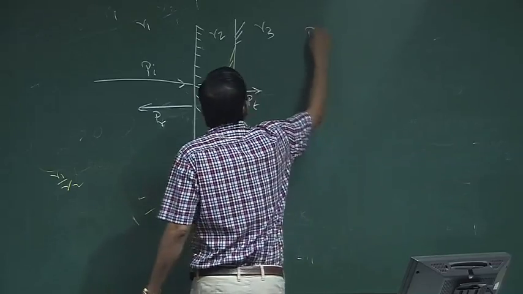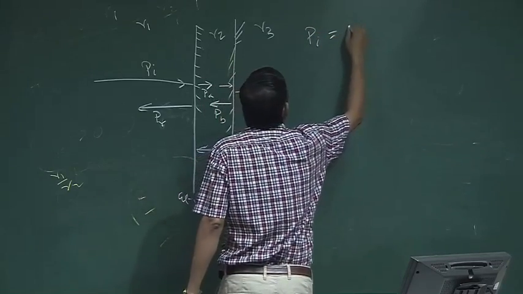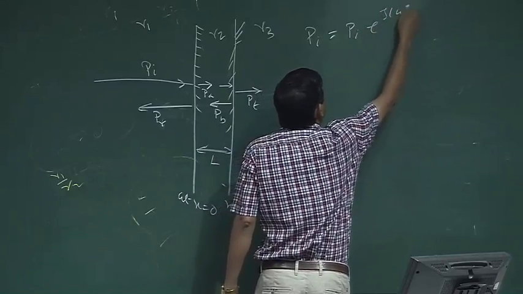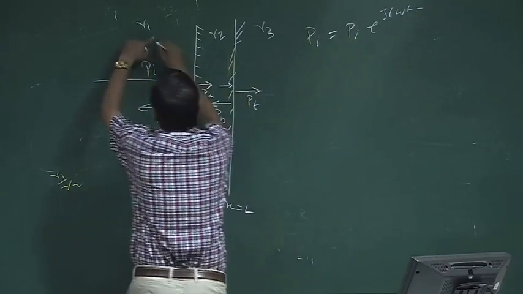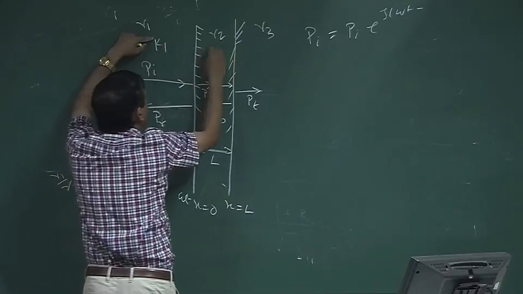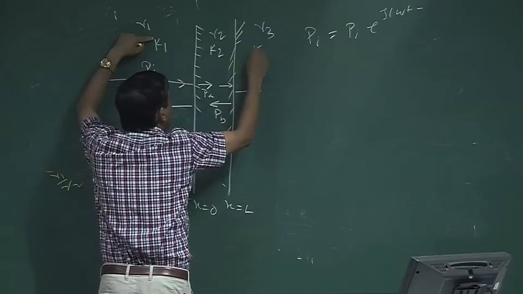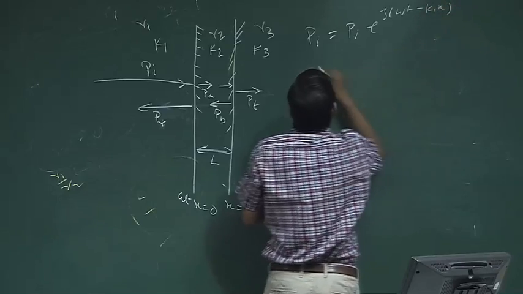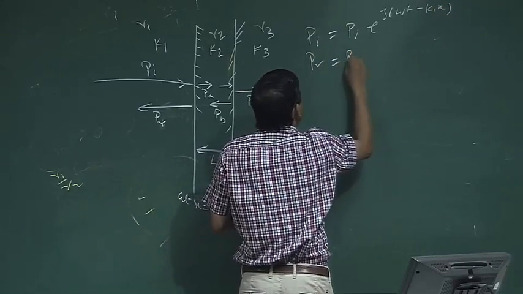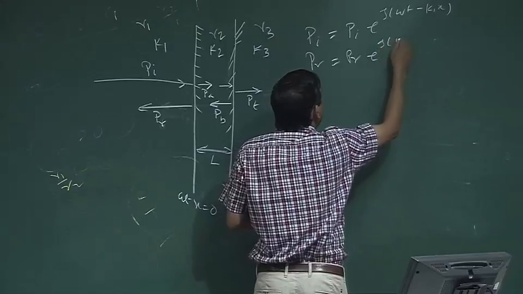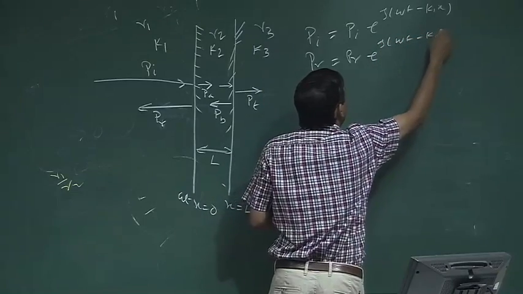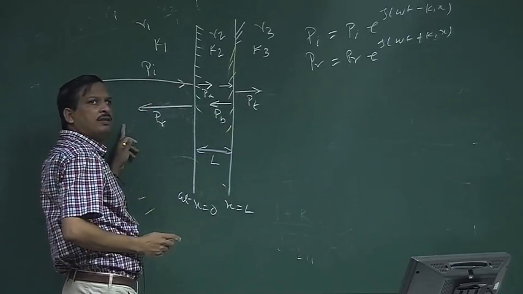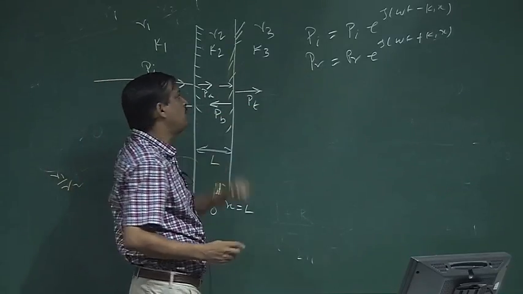Pi is an amplitude Pi e to the power j(omega t minus K1 x), where K1 is the wave number in this medium, K2 the wave number in the second medium, and K3 the wave number in the third. What is Pr? Pr e to the power j(omega t plus K1 x), because it is in the reverse direction. That is why it is plus K1 x.